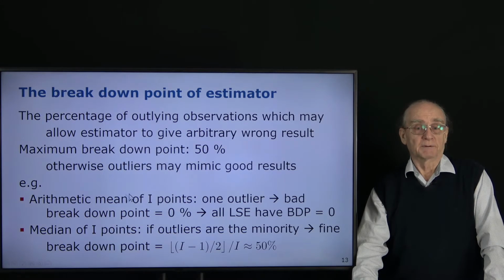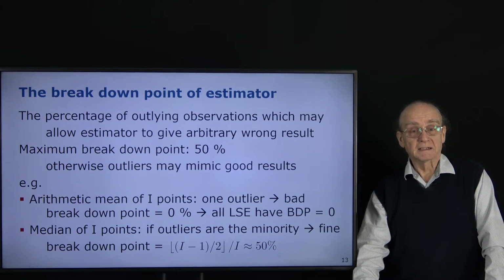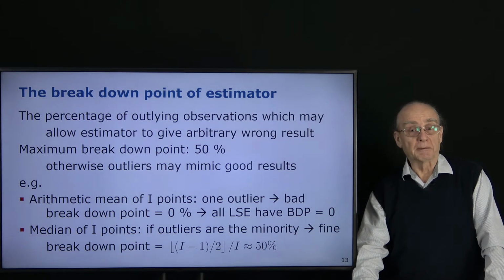So let's make an example. Take the arithmetic mean of I points. Now let's assume we have one outlier. The outlier may be very large. And then of course it's clear that the arithmetic mean will be arbitrarily bad.